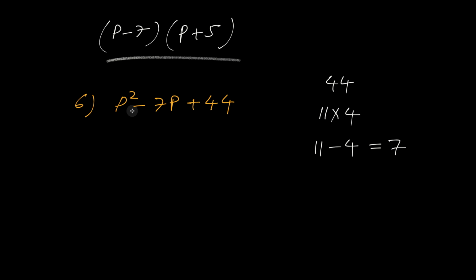Okay, but we have to get minus, so I'm going to take minus as the bigger number, and this is going to be minus 7. How we can write p square minus 7p is, p square as it is, minus 11p plus 4p plus 44. That's how we can write.